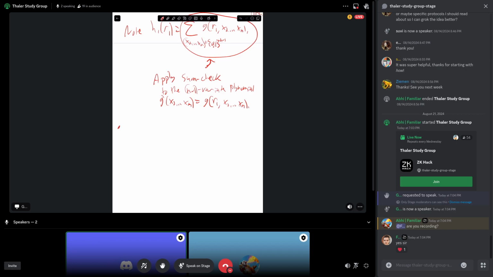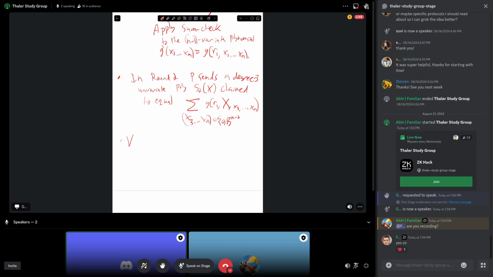Writing out what that means, we move to round 2. On round 2, the prover sends a degree 3 univariate polynomial S2, claimed to equal the sum over x3 up to xn in {0,1}^(n-2) of g of R1, x, x3 up to xn.